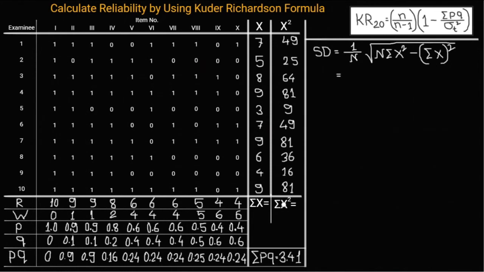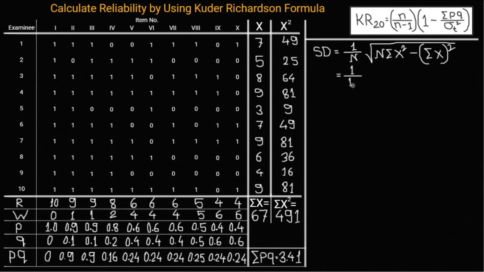Now if we get back to our formula, the formula requires summation x square and summation x. Let's calculate them. Summation x is 67 and summation x square is 491.